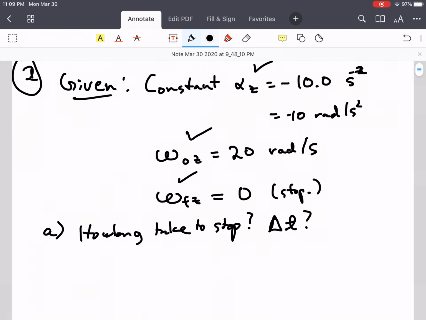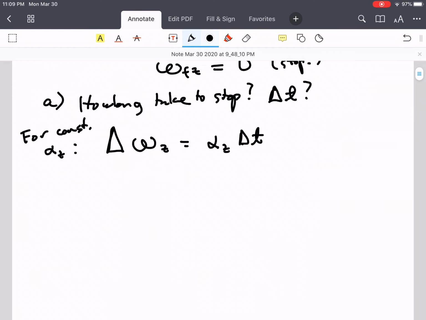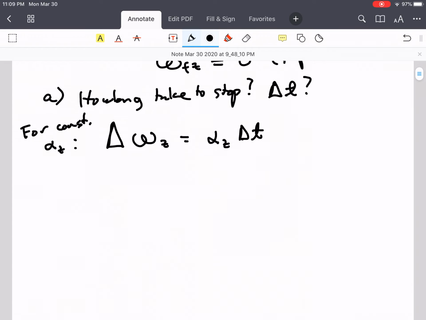So this is a pretty straightforward formula. For constant angular acceleration, only for constant angular acceleration, we have that delta omega z is equal to alpha z delta t, exactly like delta v is equal to a delta t. We know everything in this formula except for delta t.